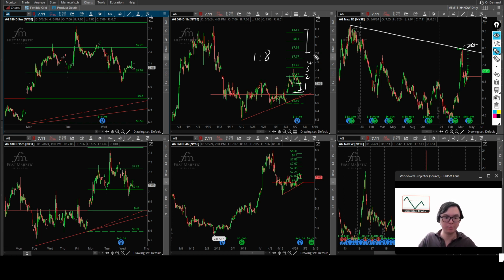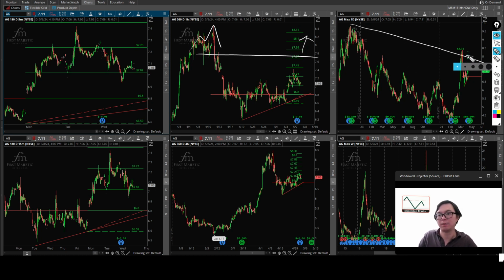According to the setup, the first resistance is what we are going to be expecting to hit. If this one is not holding, the price will go upward till it hits the top trend line right here. Okay, so AG long position, we got a position checking on the dimension 2, heading to dimension 4.